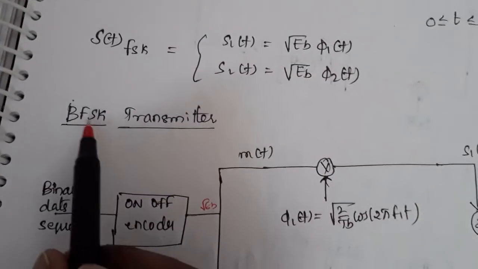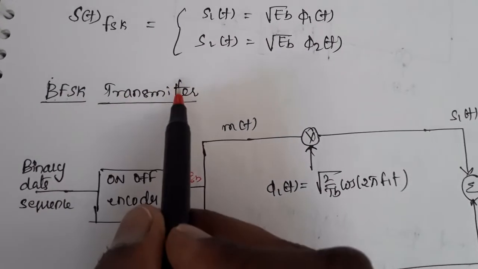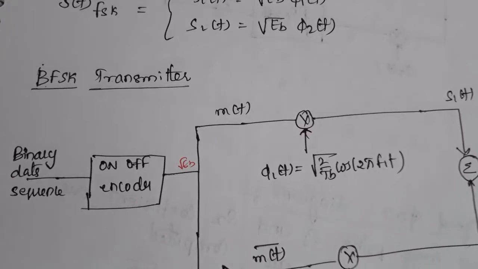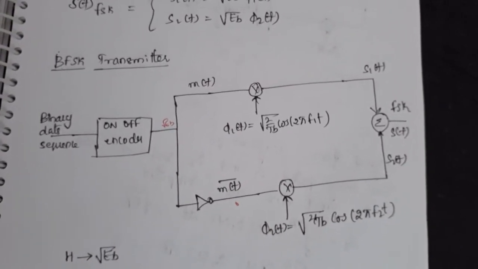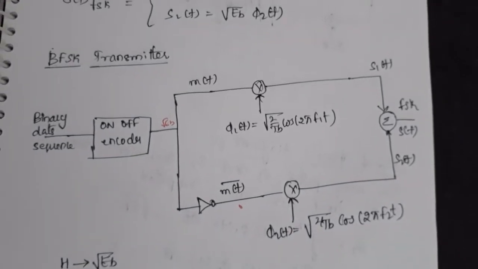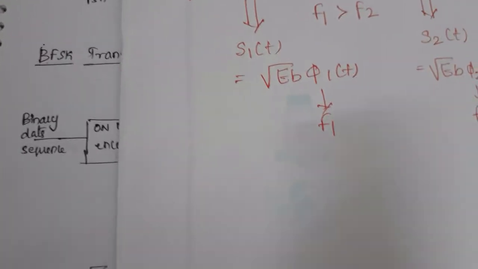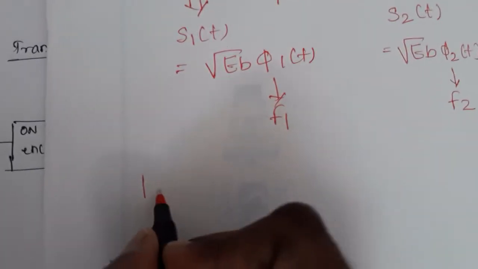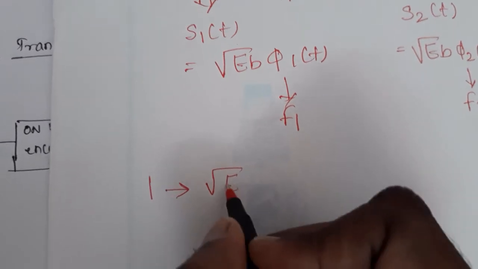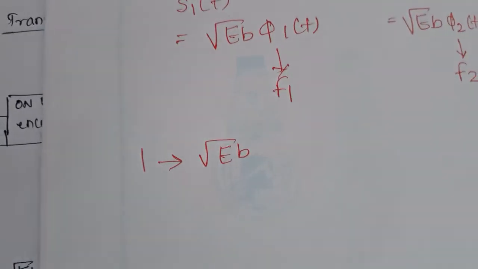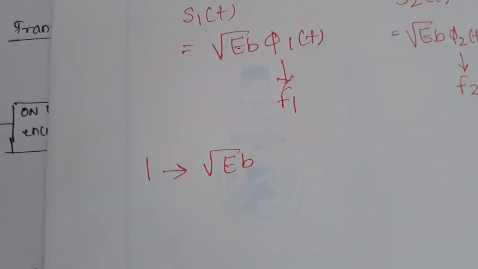Now I am going for the FSK transmitter block diagram. You can see the block diagram there. I am going through the block diagram in detail. When the input comes, I am representing the input as root EB. That is, input is 1, root EB.